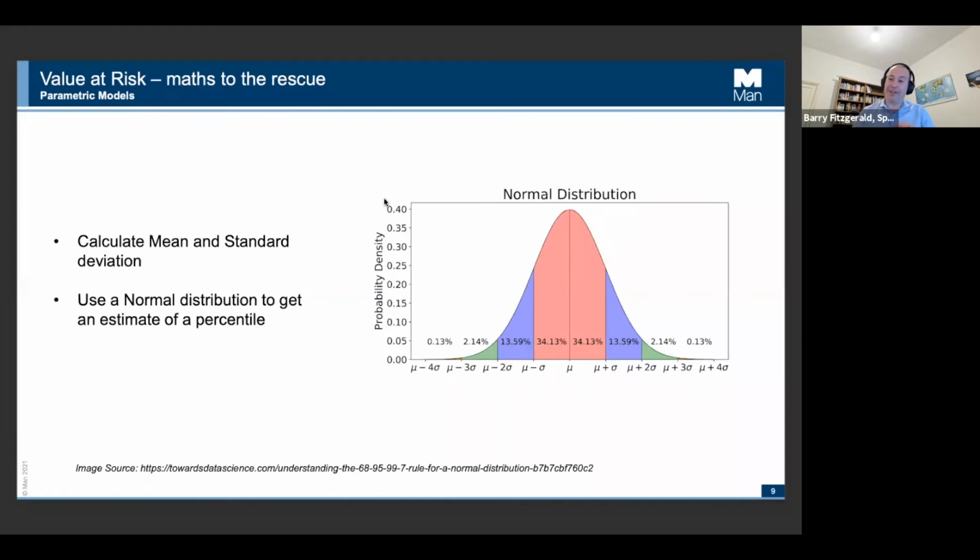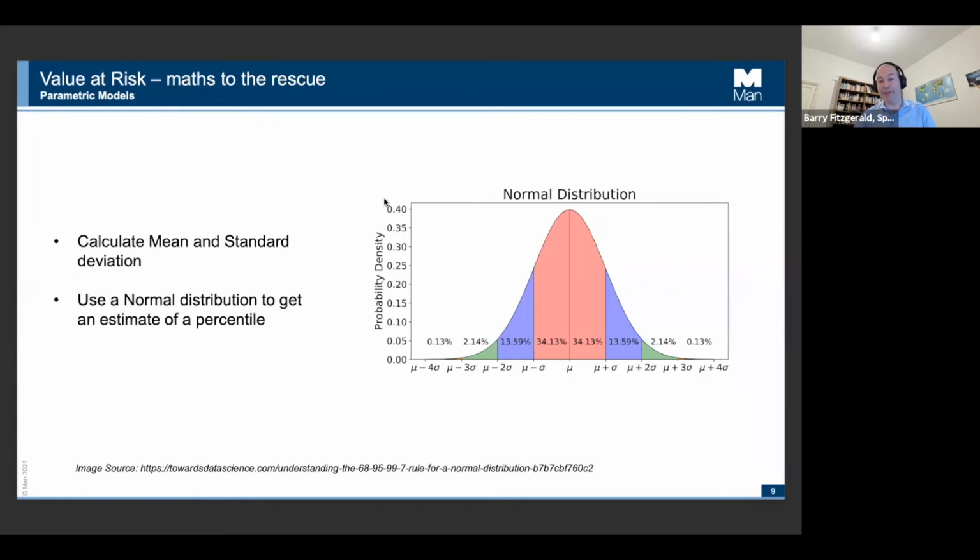If I took everyone's height and fitted it to a normal distribution, I could come up with a pretty good estimate of what the chances are of a 7-foot person being the next person joining this conference. And that's even if we have no one who is 7 foot in the talk at the moment. So it allows us to make predictions of things that haven't happened yet in quite an accurate way.